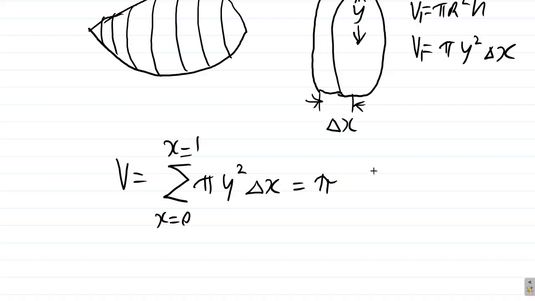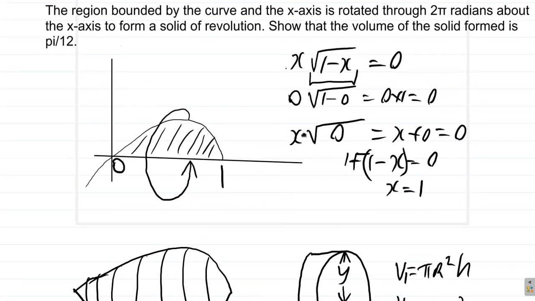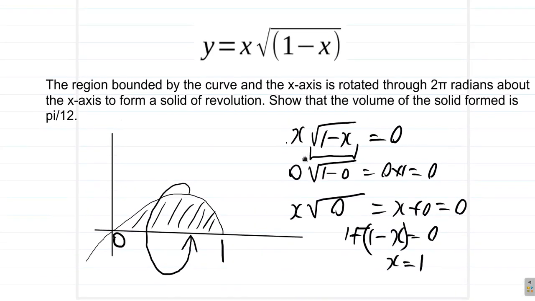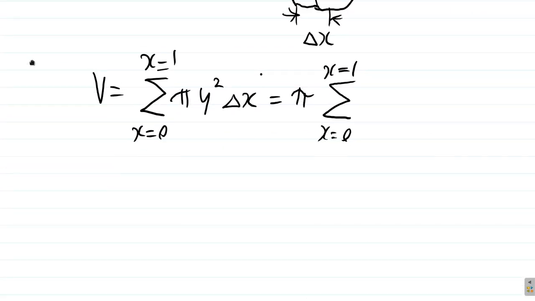And then we have the sum from x equals 0 to x equals 1 of, well, what is y? y would be x square root of 1 minus x, and this is squared, delta x.